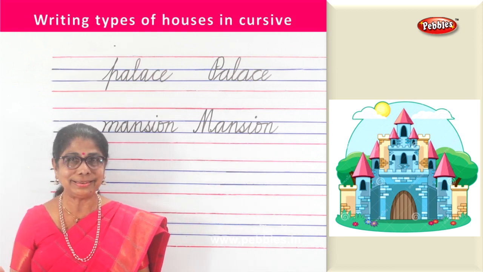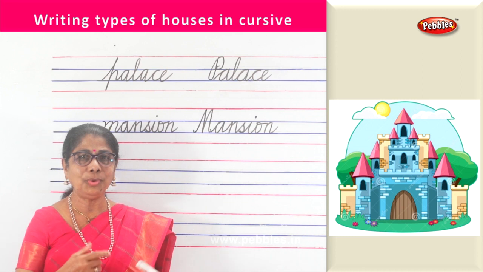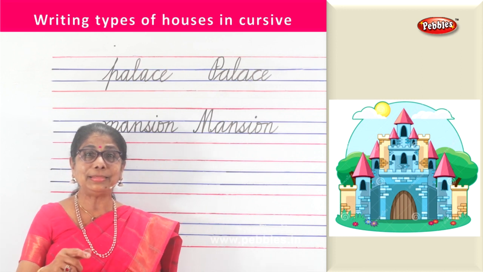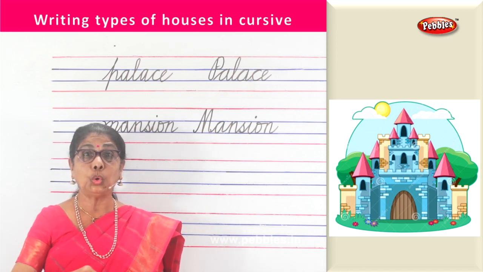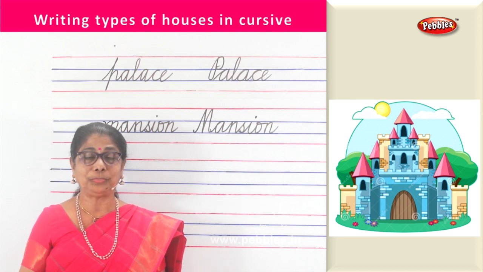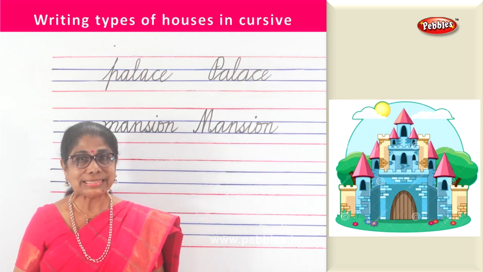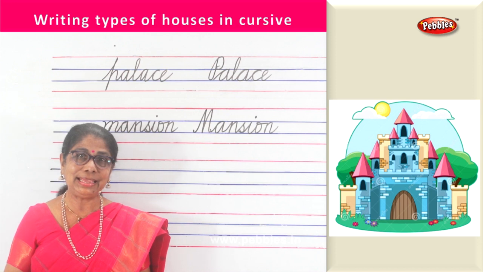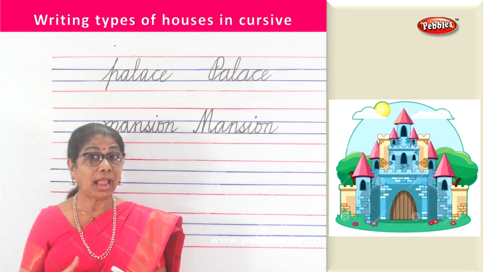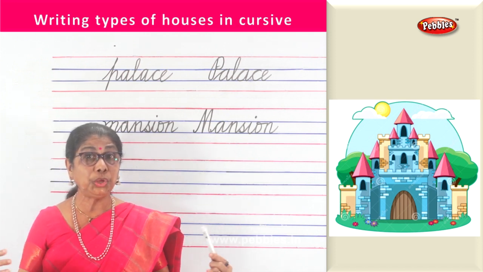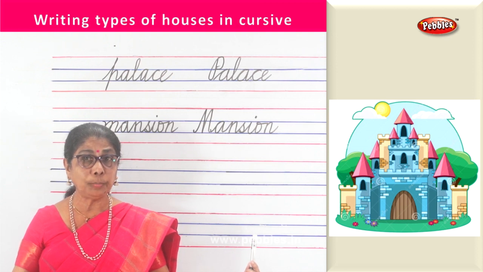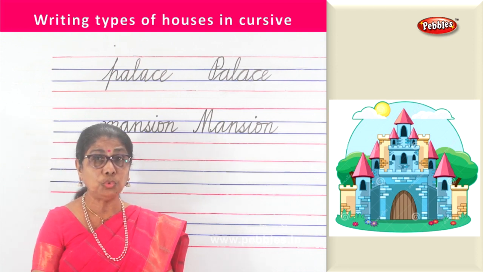Yes, castle. To protect the castle, they'll build a moat, a big wall, and there'll be water. Spell castle, C-A-S-T-L-E, castle. Castle also will be very huge, enormous house, lots of rooms.